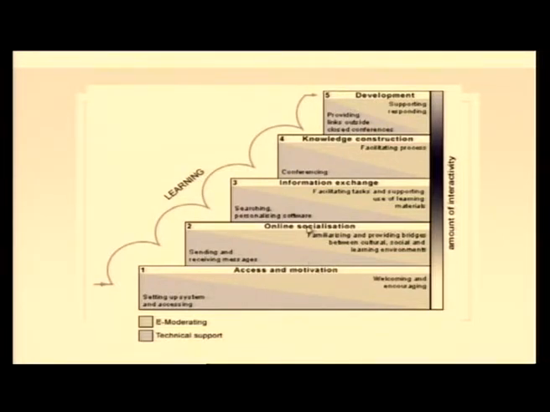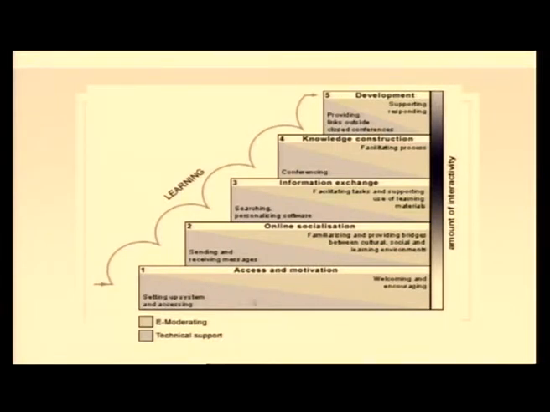Then stage 2 is online socialization, stage 3 information exchange, stage 4 knowledge construction, and stage 5 final development of the human personality or change in human behavior, what is called learning. Learning is an outcome of change in human behavior.